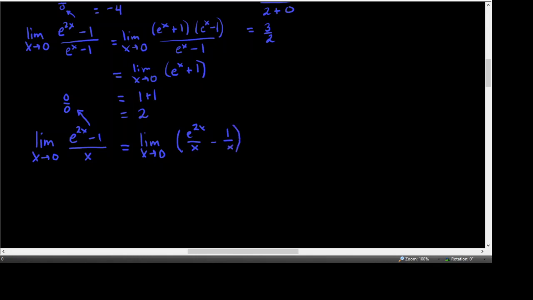And e to the 2x over x is not going to help us either, because that leads to infinity minus infinity, which is another indeterminate form. We'll later learn that when we get infinity minus infinity, one thing we'll want to do is sort of the reversal of what we just did, is go ahead and subtract the fractions so that you create a single fraction and then deal with that. So this would actually have been worse to go this direction.